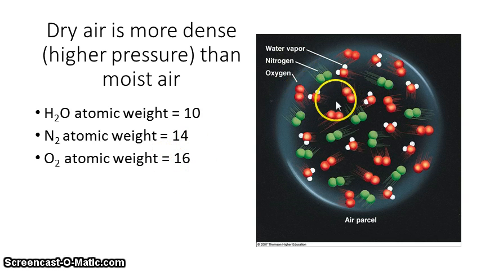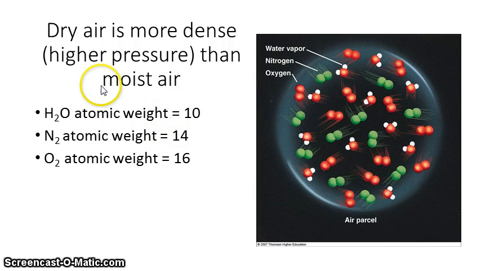Okay, so when we look at the different air molecules that are in here, if we fill a lot more of this space with water vapor, it's going to be like adding a lot of feathers or fluff to this space, where we're adding a lot of matter but not a lot of mass. They're very, very light particles.